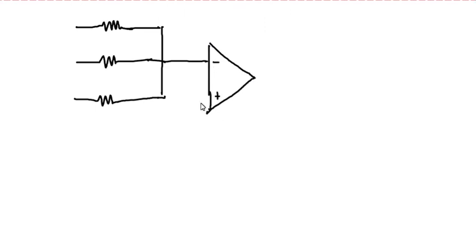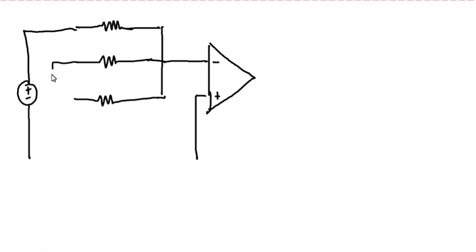This is negative, this is positive, and this will be connected directly to ground. So this one will be connected to plus minus. This is connected to plus minus.